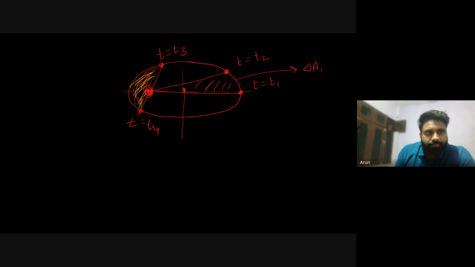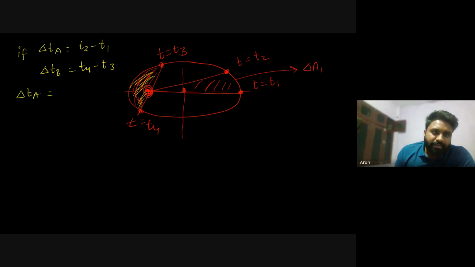So if delta TA, which is T2 minus T1, and delta TB, which is T4 minus T3, are equal, which means delta TA equals delta TB, then we can say that according to Kepler's law, delta A1 is equal to delta A2.